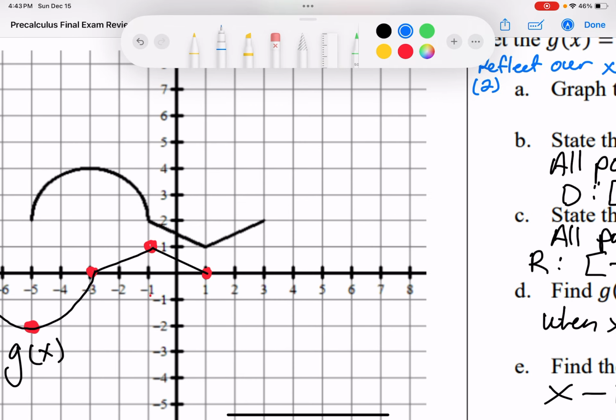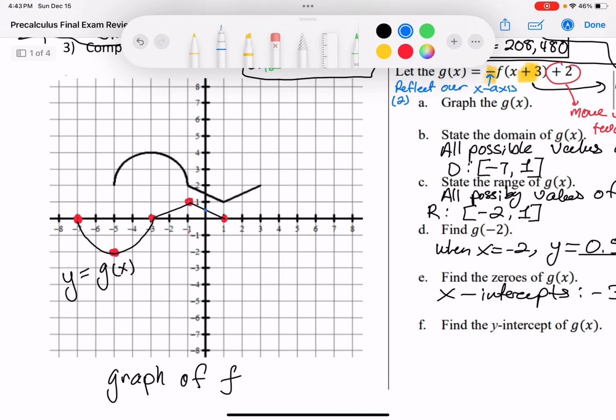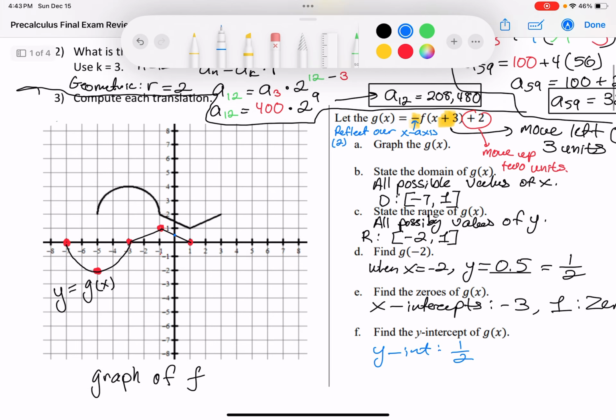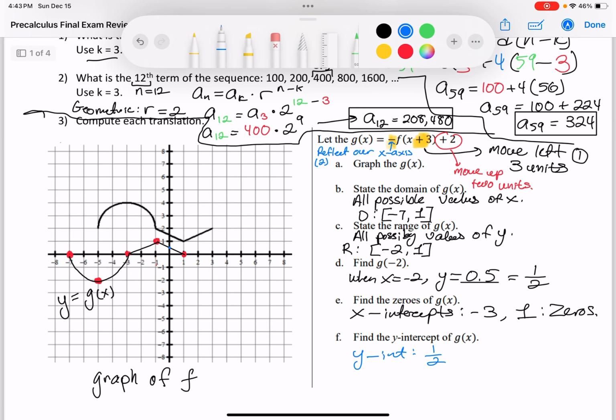And the function appears to cross the y-axis at about 1/2. So we can say that the y-intercept is 1/2. And that is it for question number 3. All right, guys. I'll catch you in the next one. Take care.